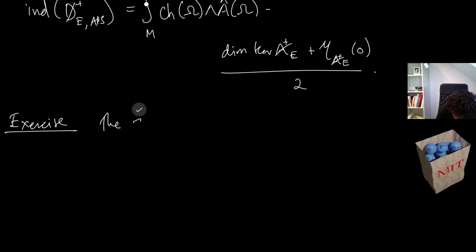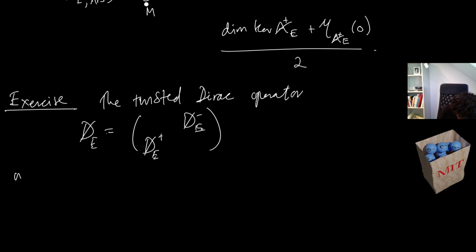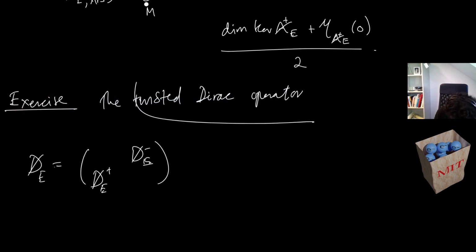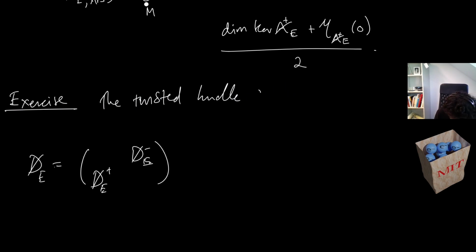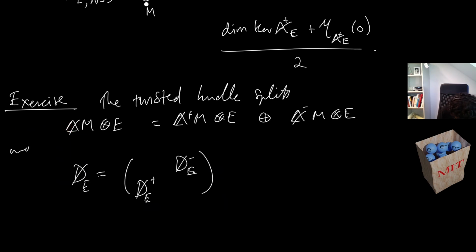The twisted Dirac operator d^E decomposes into d^E plus and d^E minus, so I should say the twisted bundle splits, S tensor E, into S plus tensor E and S minus tensor E, and this holds.